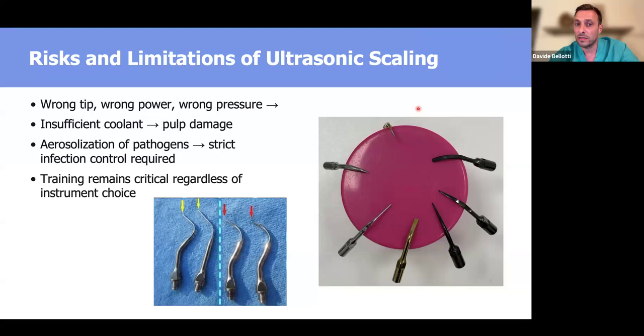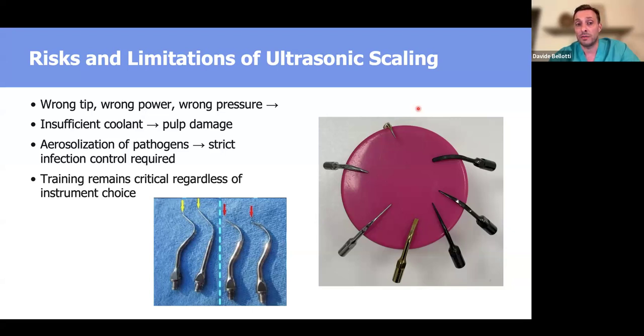There are no studies showing how many seconds of closed root planing can cause pulp damage, but usually authors suggest 5 to 10 seconds for each tooth. As with scaling, we have pathogens that can be dangerous, so strict infection control is required.